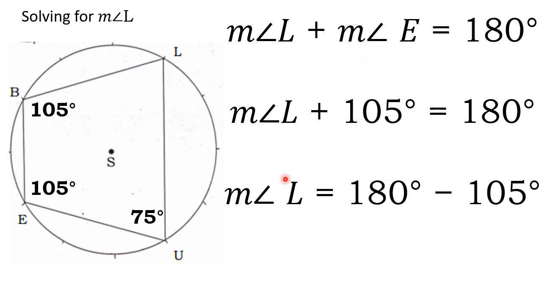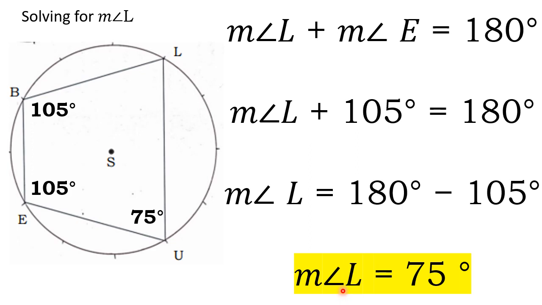So to solve for angle L, we have 180 minus 105 degrees. Therefore, angle L is equal to 75 degrees. So once we add the opposite angles, this one, their sum is 180 degrees. And also here, their sum is 180 degrees.